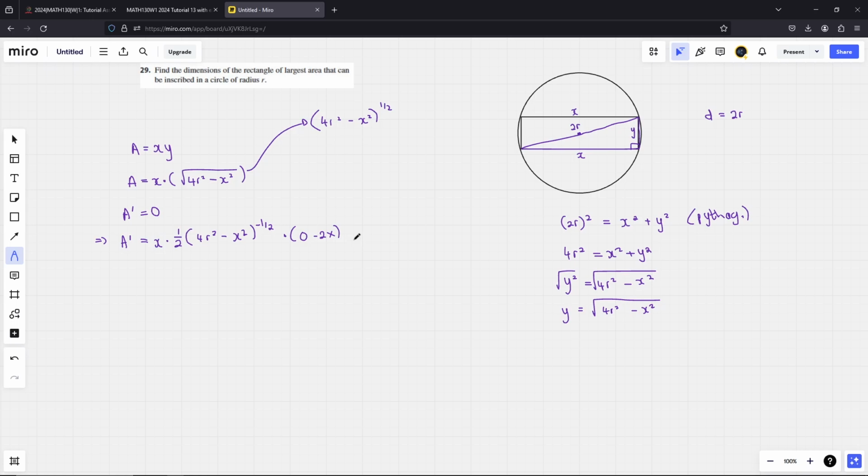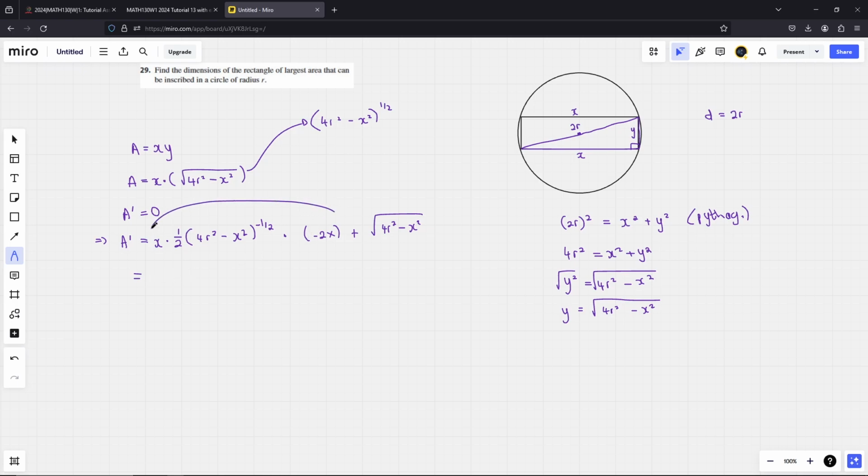Now we do have a product rule, so we can say plus. Now the derivative of x is just going to be 1, and then we can just copy down the second function, so 4r squared minus x squared. Now this one we can just take out the 0 because that's the same thing as minus 2x. So let's tidy this up before we set it equal to 0.